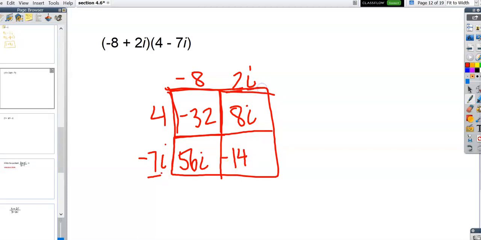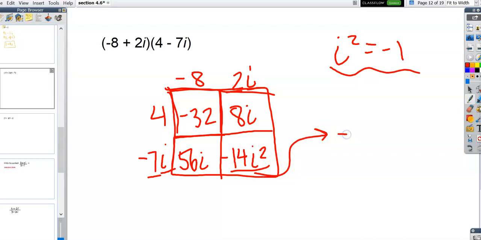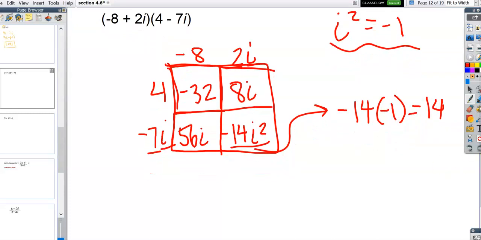And then i times i makes i squared. And then we said, if you have i times i, or if you have i squared, that equals negative 1 every single time. So this is the same as negative 14 times negative 1, which becomes 14.